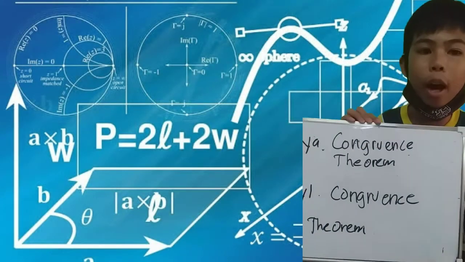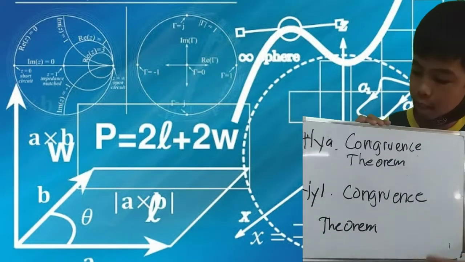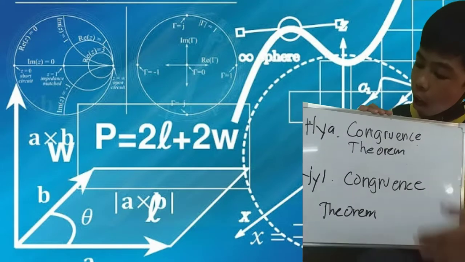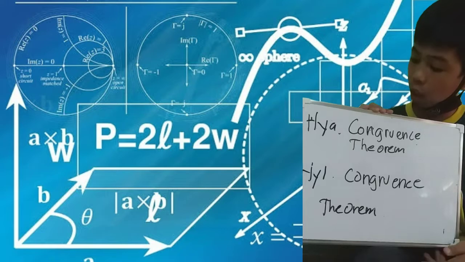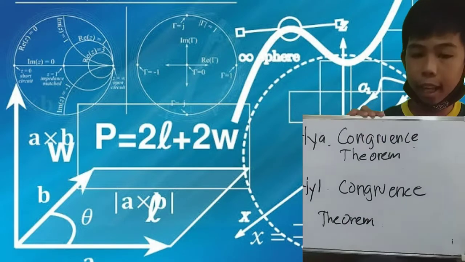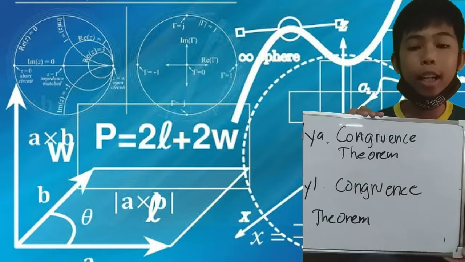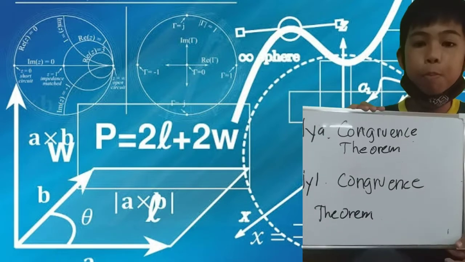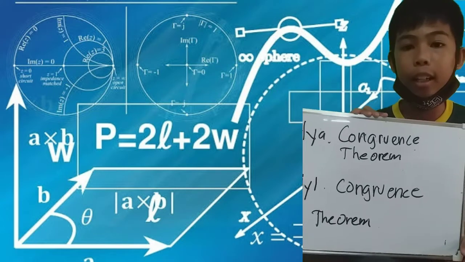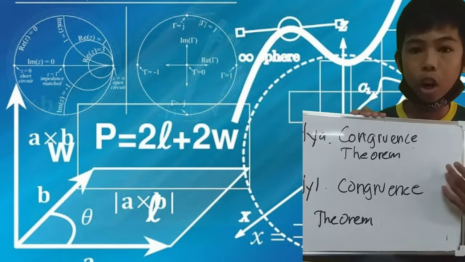Good day. So now we're going to explain what is hypotenuse angle and hypotenuse leg. Hypotenuse angle, or HA, is if an acute angle and the hypotenuse of one right triangle are congruent to the corresponding acute angle and hypotenuse of another right triangle, then the triangles are congruent.